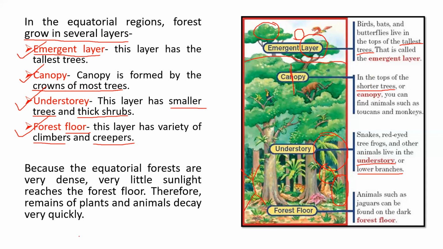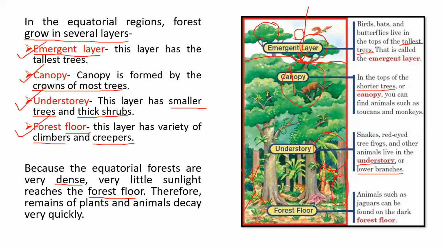All right. Now see, because the equatorial forests are very dense, very little sunlight reaches the forest floor. Imagine all the sunlight that is coming from the top is getting a kind of shelter or a blockage in between.